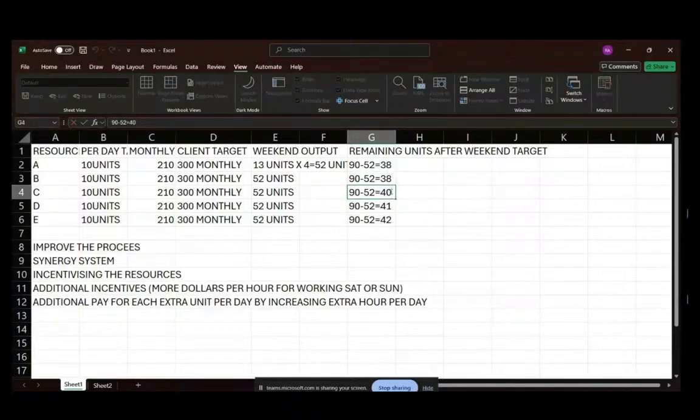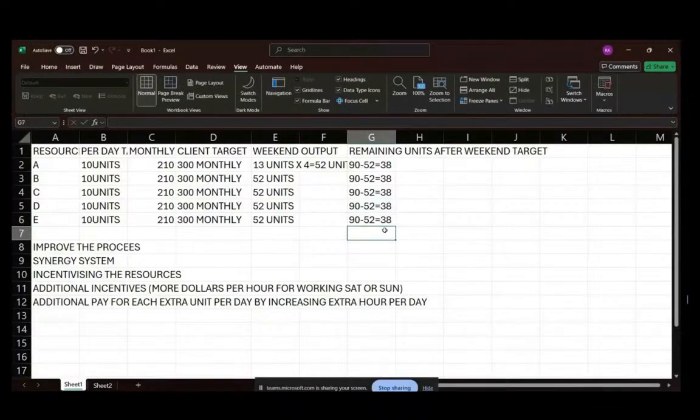Now, above the 10 units under B, write the column header: per day target. Okay. Now in A1, write down resource.